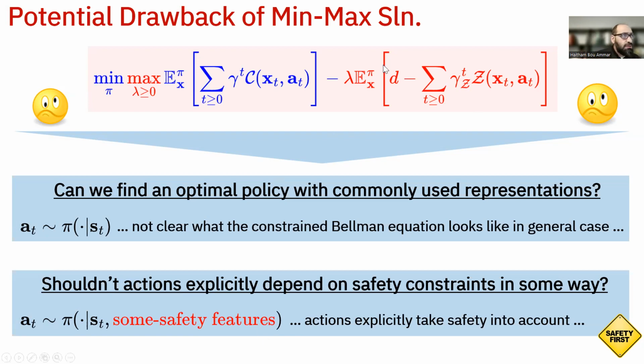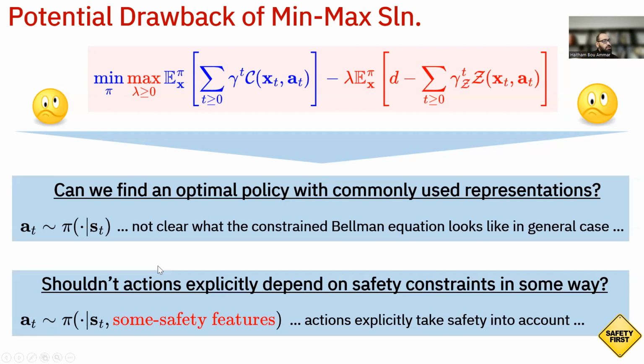If I am explicitly noticing, oh my God, I am going to exhaust my budget, I want to take that into account explicitly as an input to my policy when I am making a decision. And this will lead to a more scalable solution because it's like a new state variable, which I can plug into any standard RL method if I am able to do this.